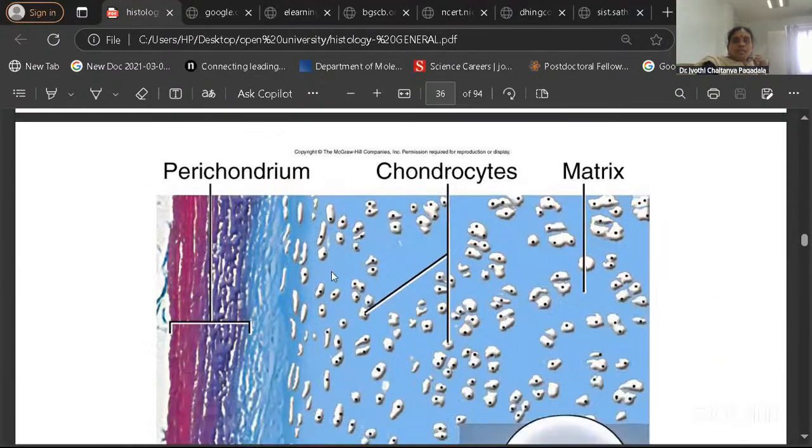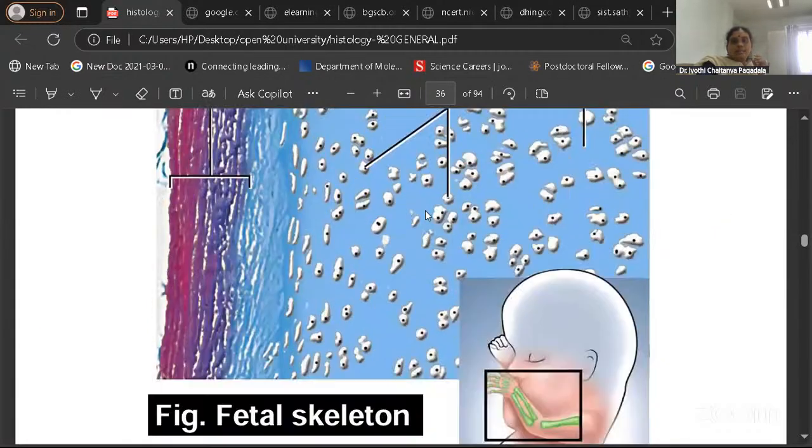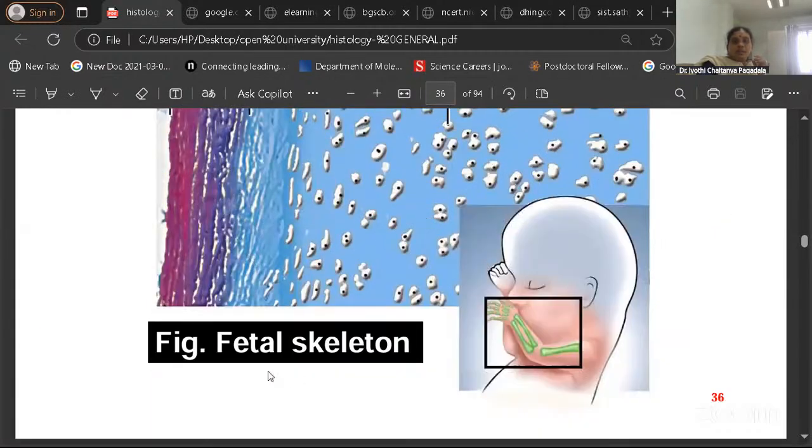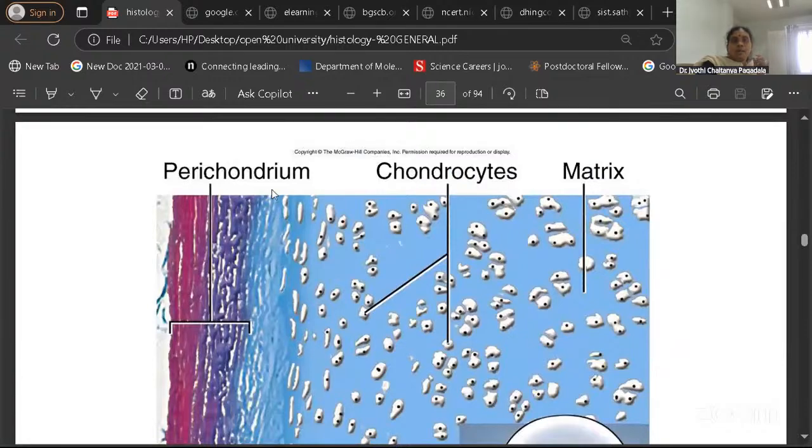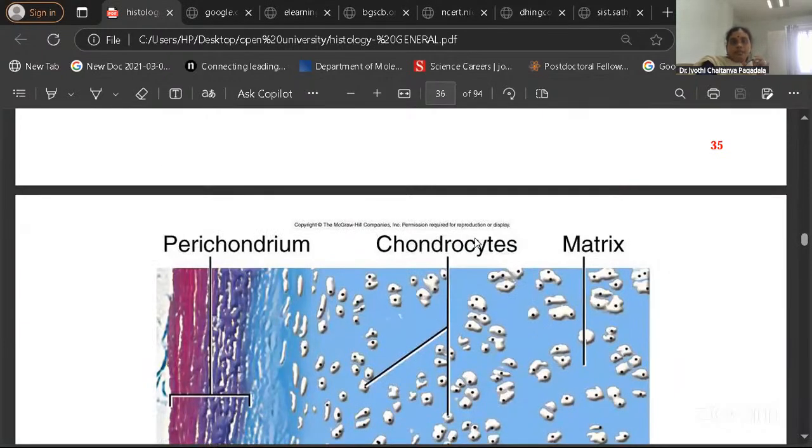Here you can see the perichondrium, chondrocytes, matrix. Here you can see the skeleton of the fetus, where you can notice the perichondrium, chondrocytes, and matrix.